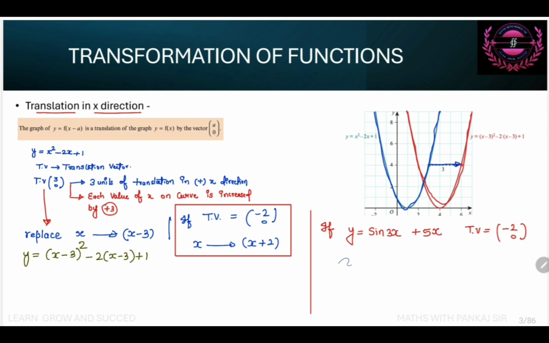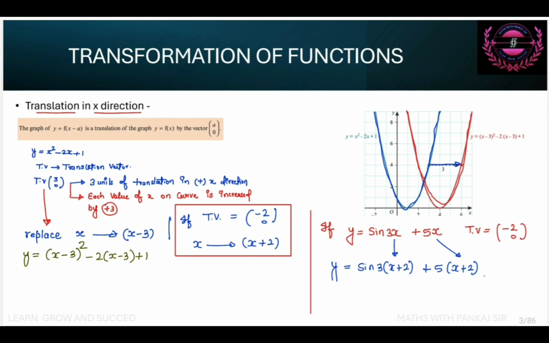So now the graph after translation will be y equals sin(3(x plus 2)) plus 5(x plus 2). So I have replaced x in the original equation with x plus 2. So this is what we have to do in translation in the x direction.